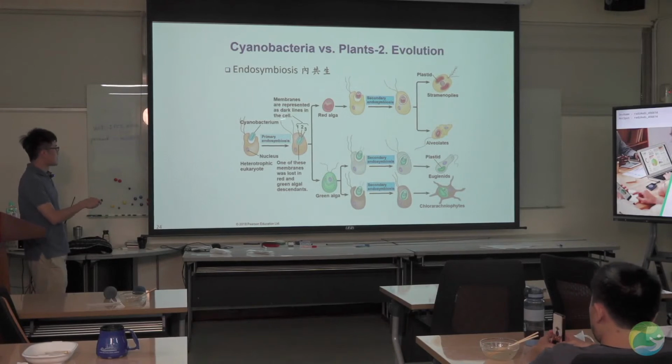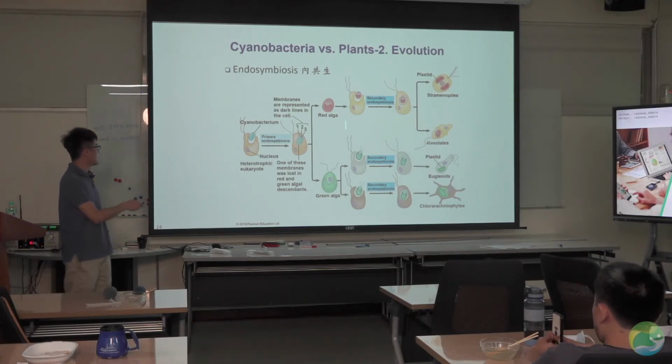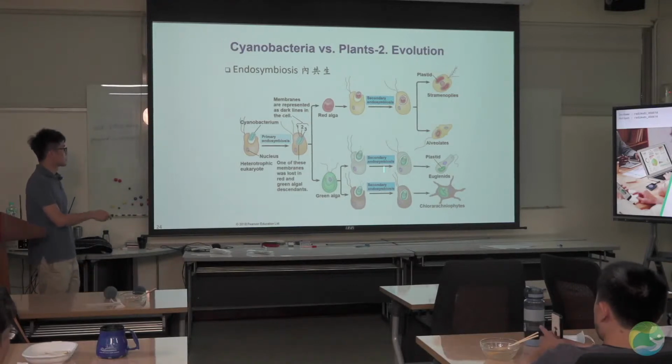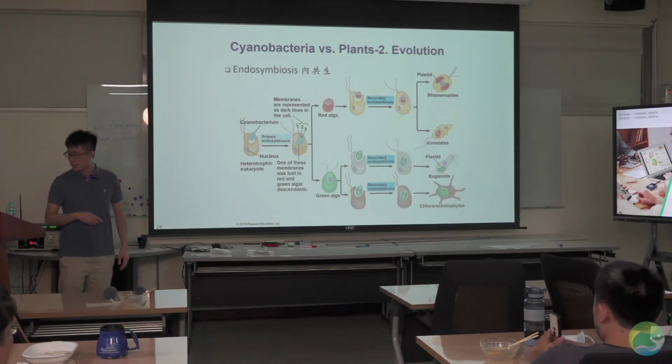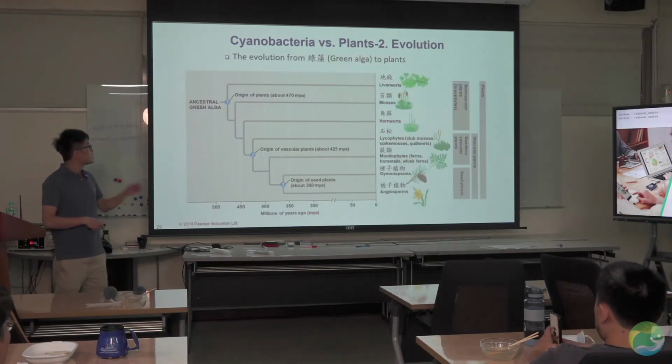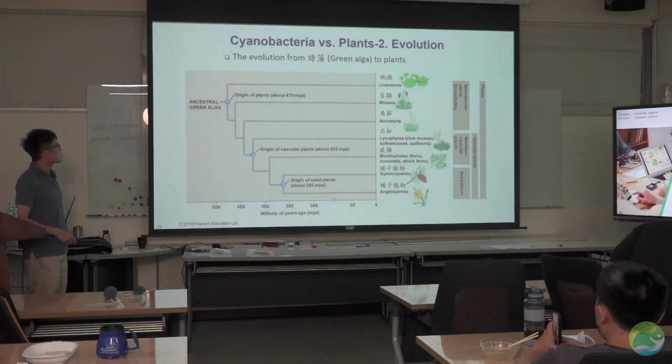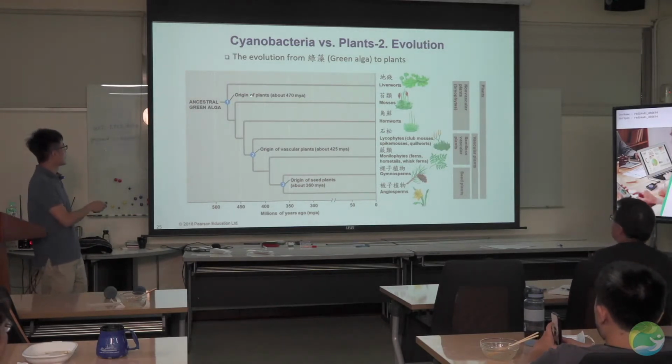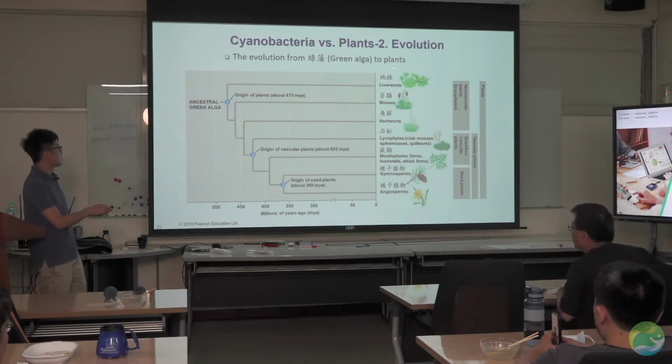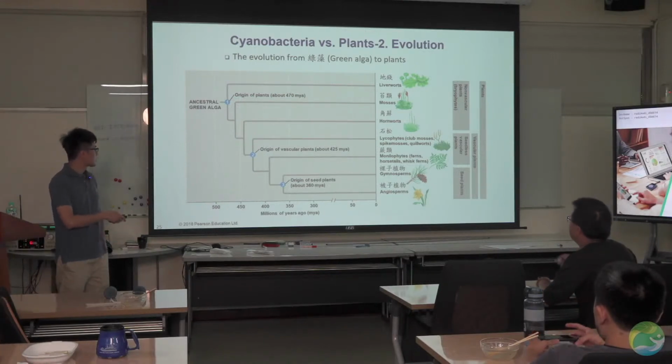The first endosymbiosis produced red algae and green algae, and then there was another symbiosis called secondary symbiosis, resulting in different other algae. And plants come from green algae, the original plants around 470 million years ago. It's a different lineage of plants.